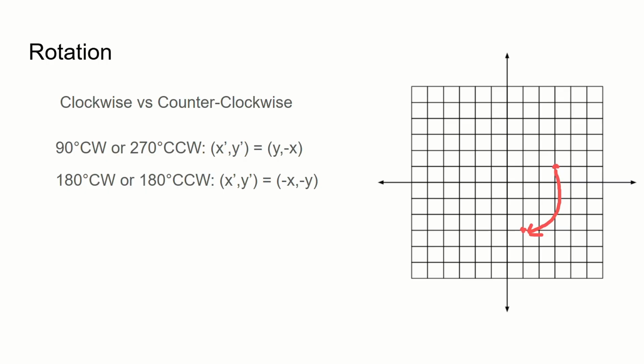We get negative 3, 1, and then make the second one negative, negative 3, negative 1, which is what we would also get here. So negative 3, negative 1, and then here, another 90 degrees, we would end up here.